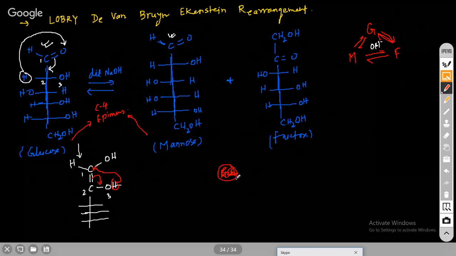To differentiate glucose and fructose, we require a mild oxidizing agent whose medium is not alkaline. Because what happens when we have alkaline medium? It converts into aldehyde, right?